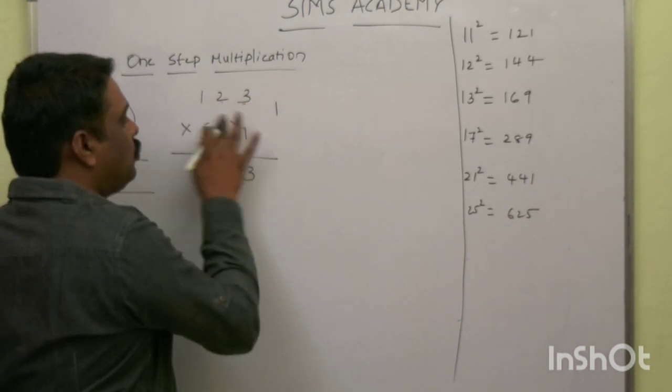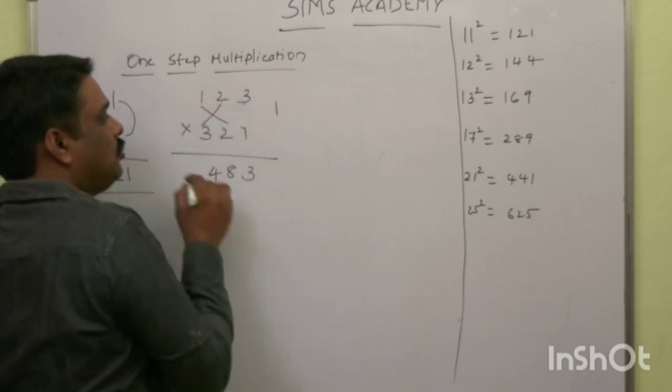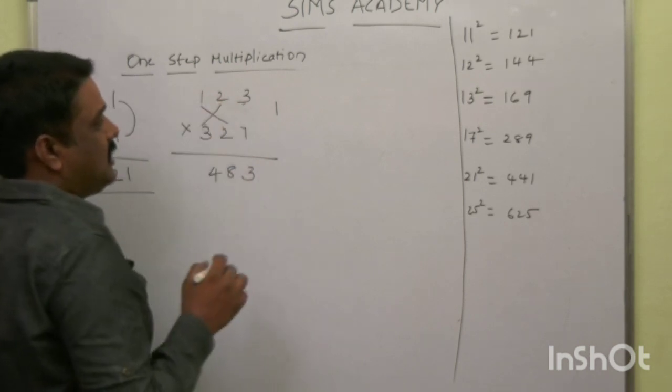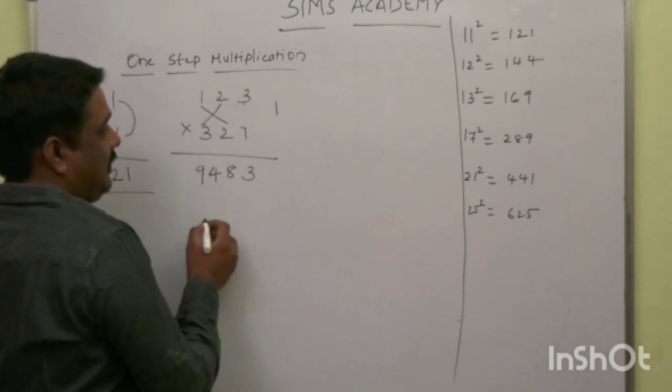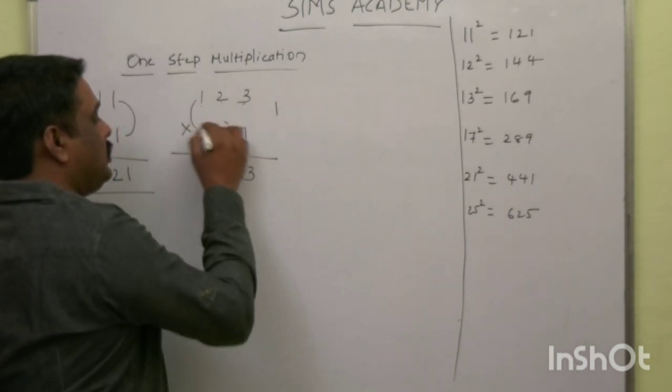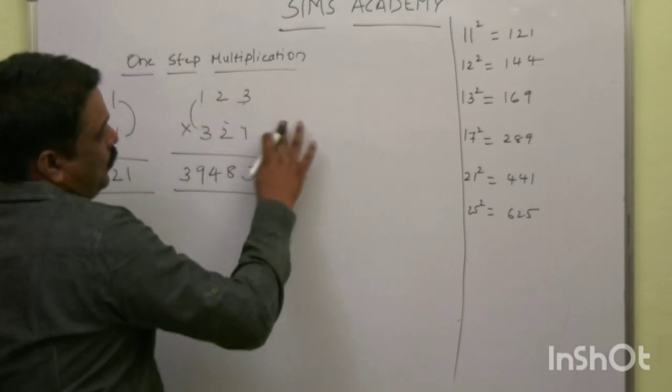Now coming to the last 2 ones 2, 3 twos 6, 6 plus 2 8, 8 plus 1 9. Now coming to these two, 3 plus 3 into 1, 3. So 3, 9, 14, 8, 3.